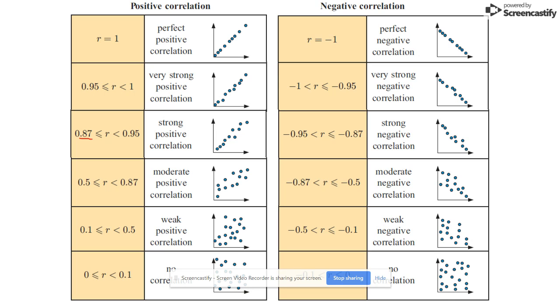But you need to be comfortable identifying whether it's strong versus moderate versus weak. About 0.8 and above is strong. For moderate, again, there's no exact value, but around 0.5 to 0.87 gives you a guideline. And weak is anything close to 0. The sign just tells you the direction, whether it's a positive or negative trend.